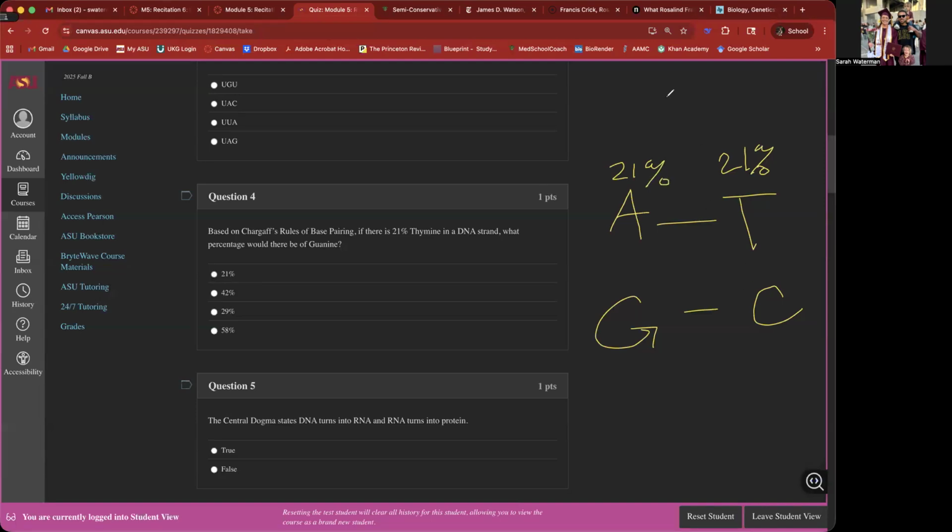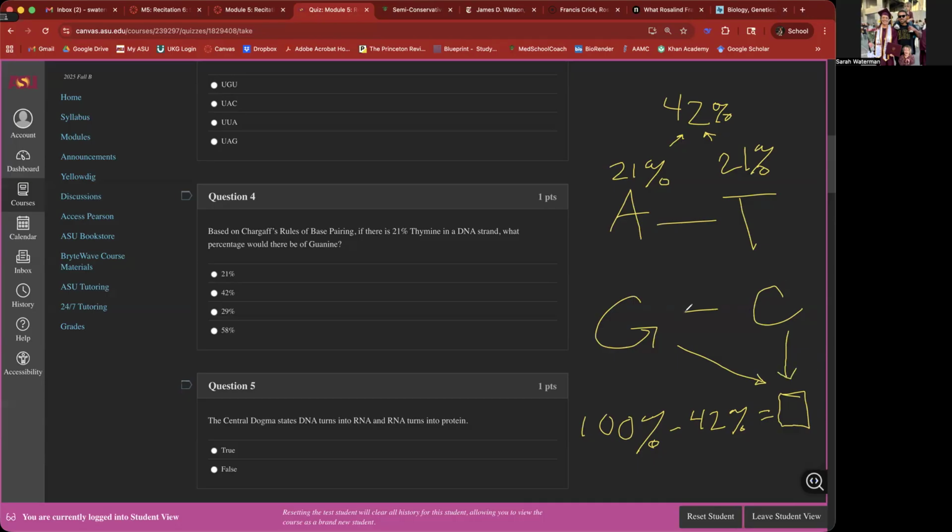If we add those two together, that equals 42% total. Obviously, 100% of the DNA is made up of all four of these. So if we do 100% minus 42%, whatever this equals is going to be the combination of these two.